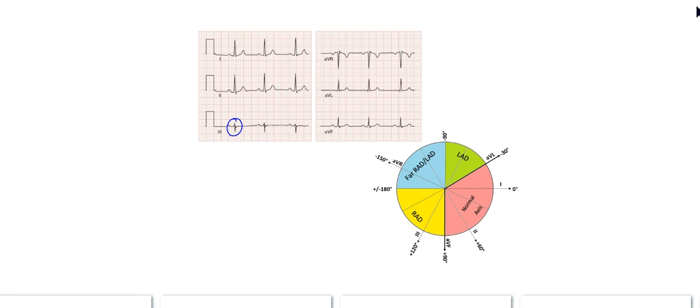And part of the reason for that is that lead 3 is going to pass in this direction. If this is your positive and this is your negative, for lead 3, why would you see a positive deflection and a negative deflection for the cardiac axis?